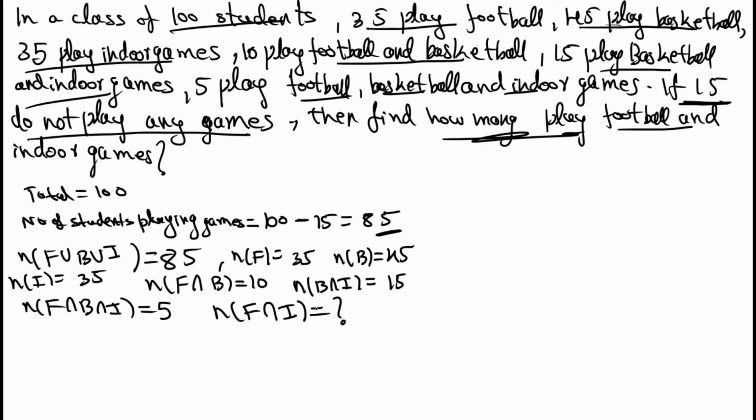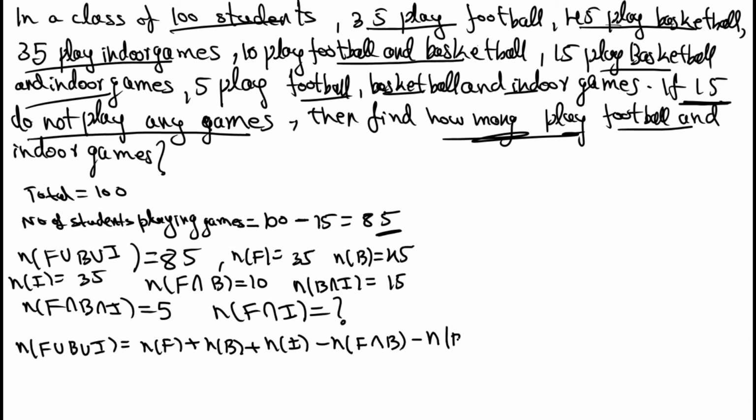If you write the data correctly, then it's easy to solve the problem. First, write the formula. n of F union B union I is equal to n of F plus n of B plus n of I, minus n of F intersection B, minus n of B intersection I, minus n of I intersection F, plus n of F intersection I intersection B, all three games.